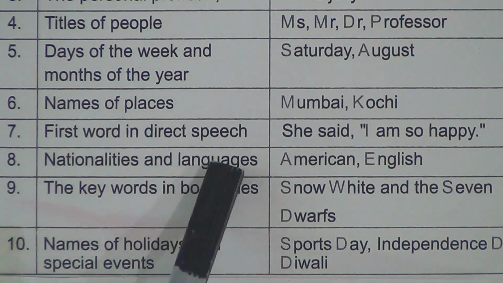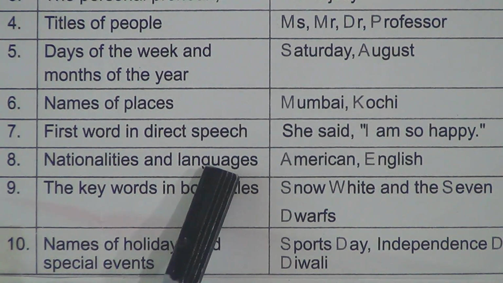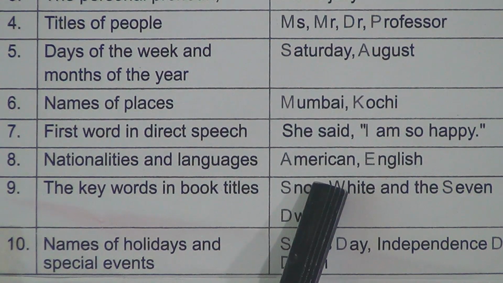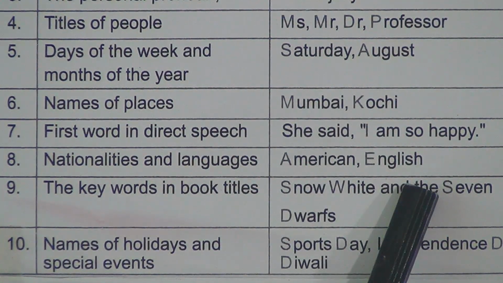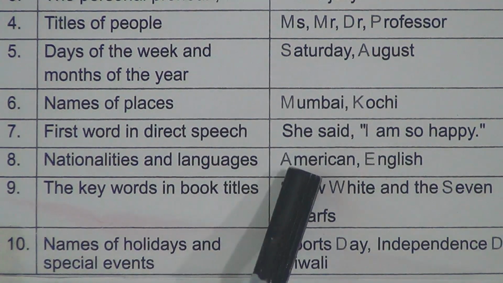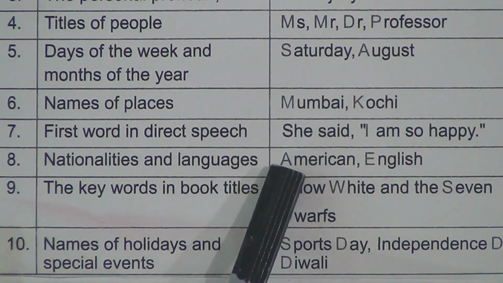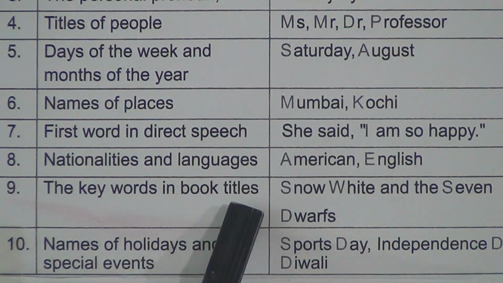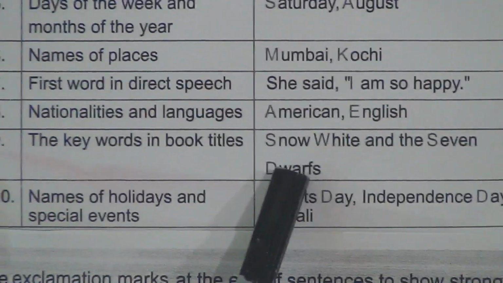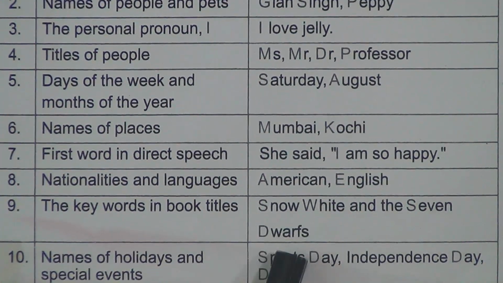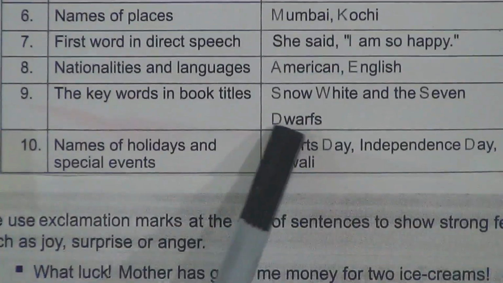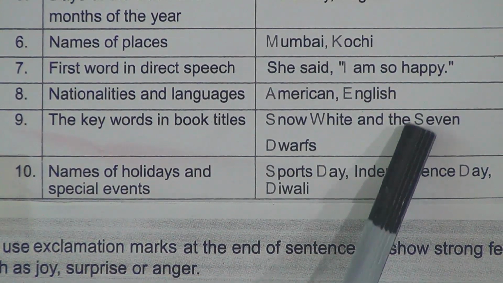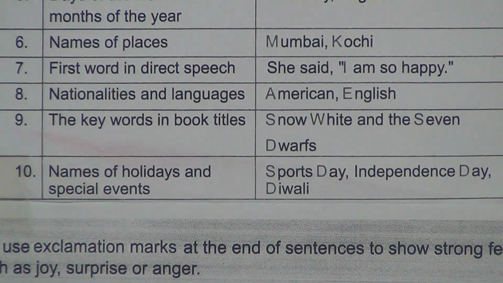For nationalities and languages, we have to use capital letters. For example, we can say American, English, Bengali. All these will be in capital letter. Number 9, the keywords in book titles. Snow White and the Seven Dwarfs. These are titles of books and we have to write them in capital letter.